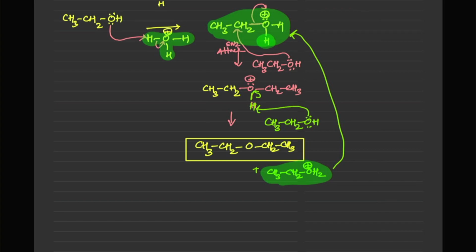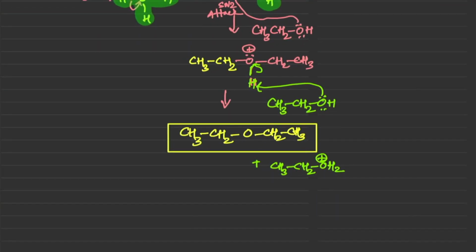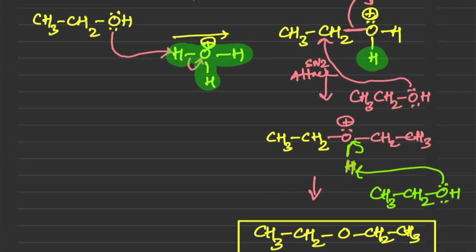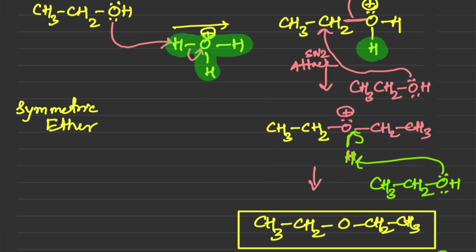That's how you prepare this symmetric ether. This method is the industrial process. It is good for symmetric ether, when on both sides of the oxygen you have the same group.